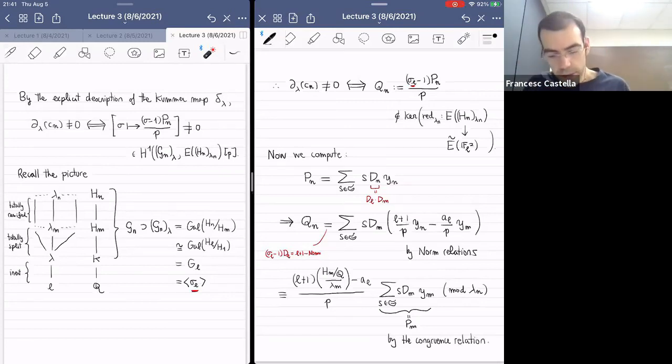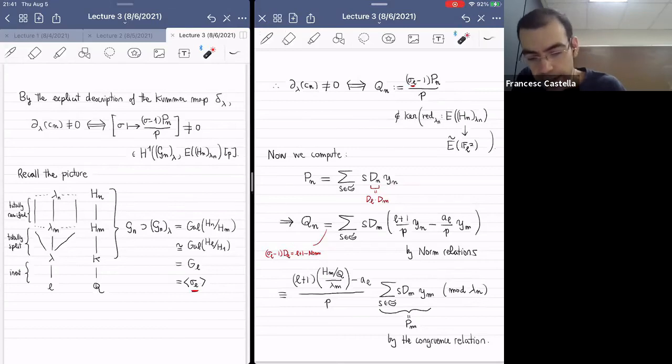And now we're almost done. The only thing that remains to use is the proposition we proved earlier about the behavior of these classes under complex conjugation, and the fact that by definition these will be conjugate to complex conjugation.